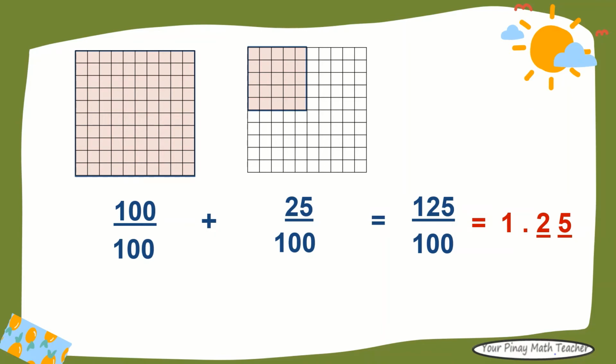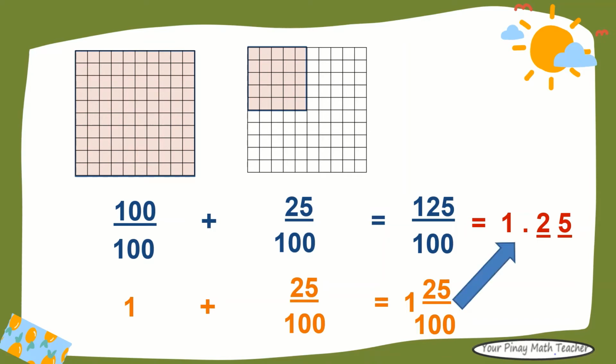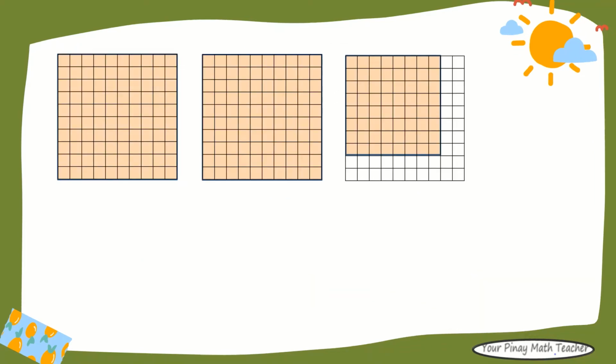Changing 100 hundredths to 1 whole and adding it to 25 over 100, we get a mixed number of 1 and 25 hundredths, which is also equal to 1.25. Another example.